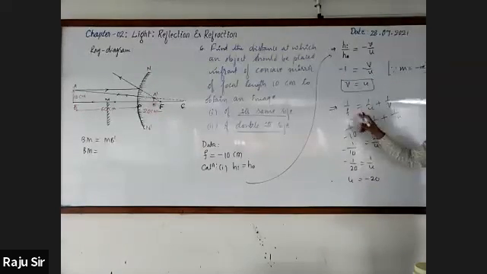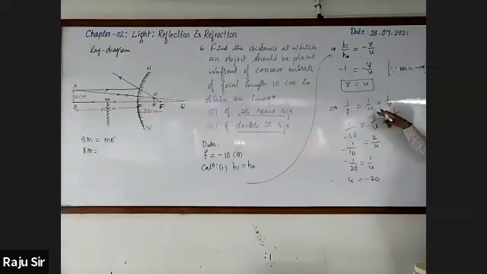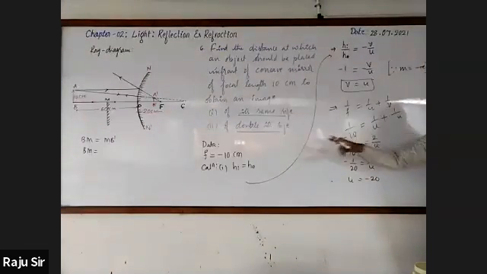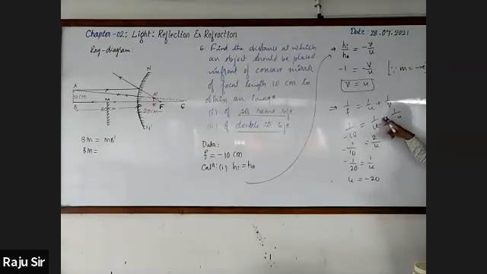Clear? Then the mirror formula: 1 by f is equal to 1 by u plus 1 by v. Then 1 by minus 10 is equal to 1 by u plus 1 by v, where v is nothing but u. As we need the object distance, I am substituting for v. V is nothing but u. 1 by u plus 1 by u is 2 by u.